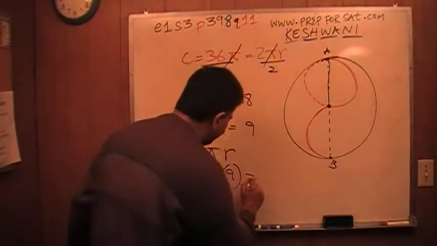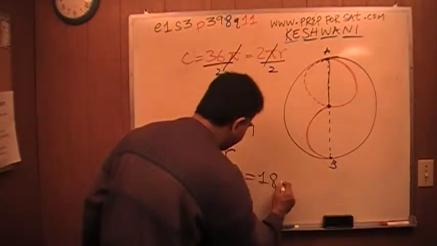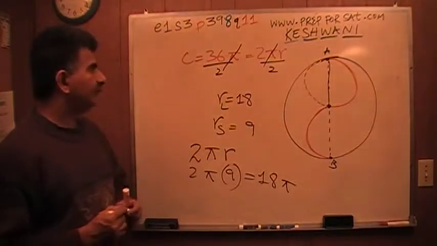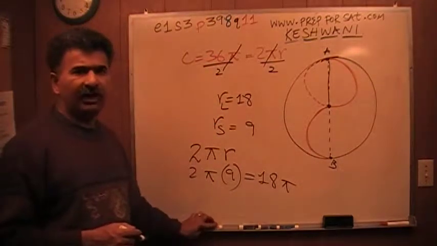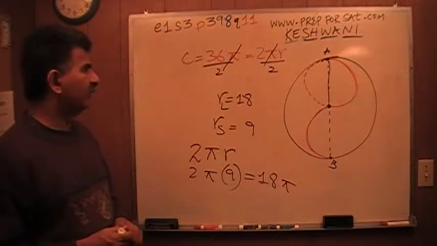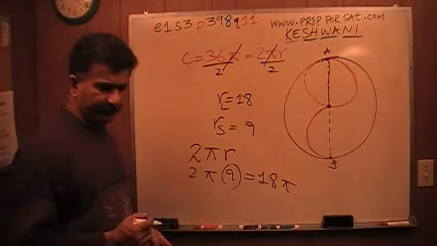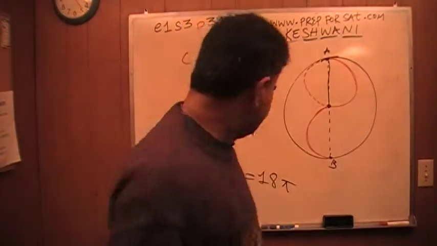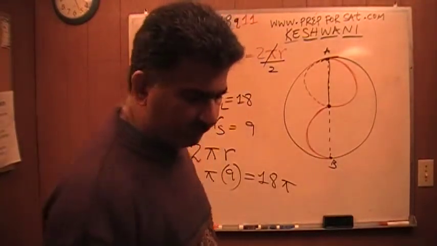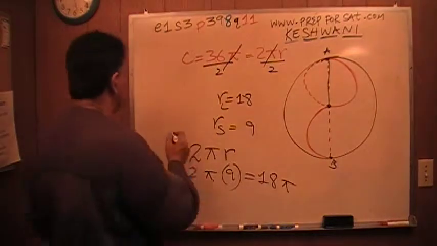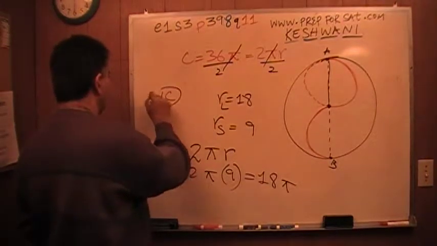Hence, 18 pi is the answer. Or some people like to use diameter in the formula of the circumference, which is fine too, and you will get the same answer. The answer is 18 pi. Answer choice C. C is the answer choice.